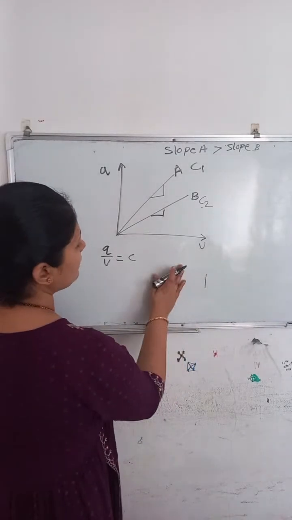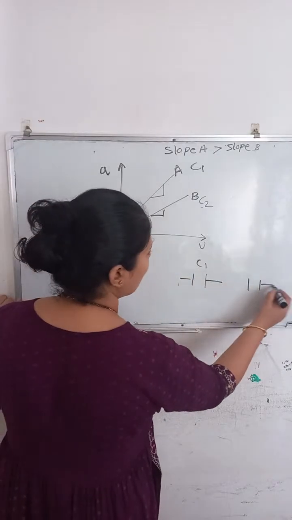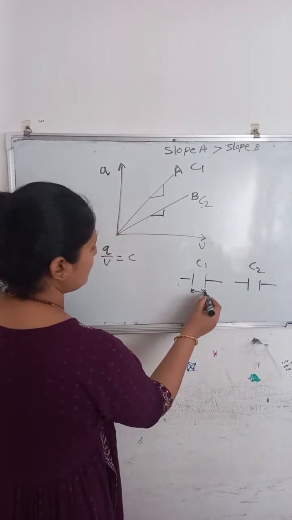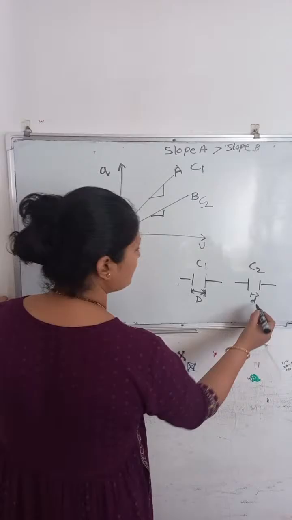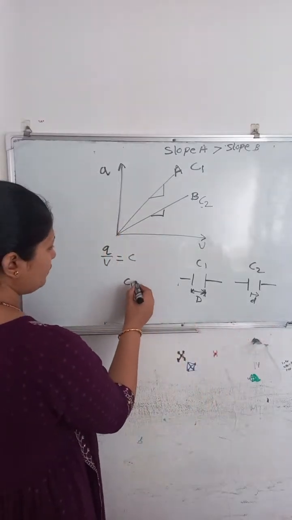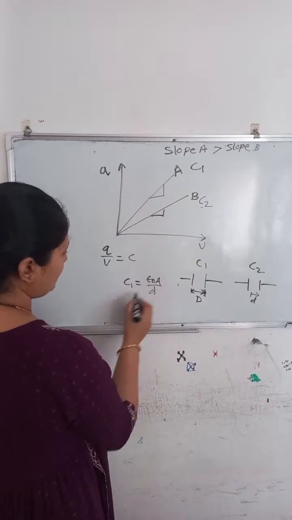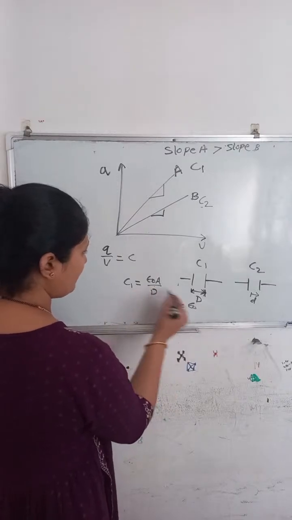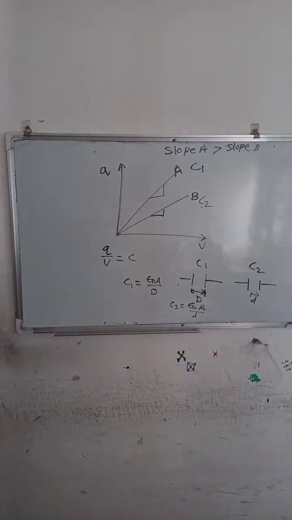Suppose I take this as C1 and this as C2, we can also analyze it this way. I will take this as capital D and this as small d. We know that C is equal to epsilon A divided by D, and C2 is epsilon A divided by small d. They are saying the separation between the plates of C2 is greater than that of C1.